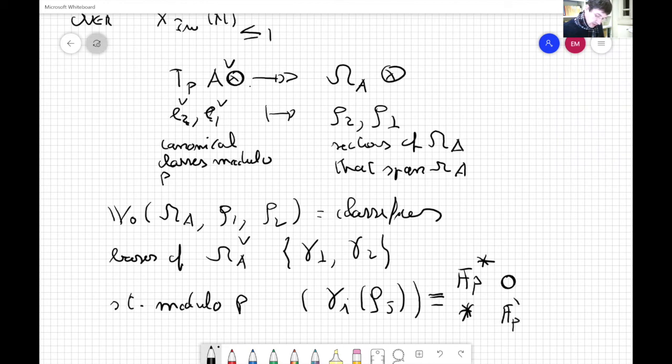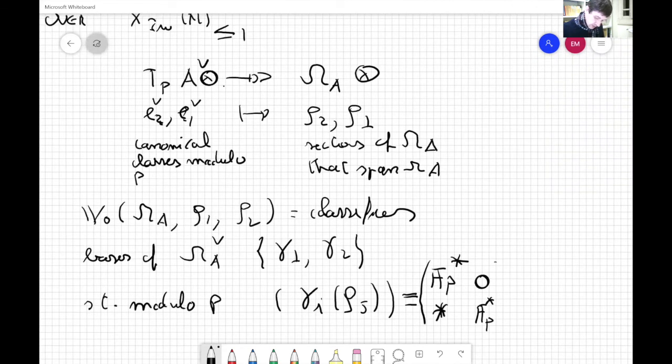And here you see some weird duality that interchanges the Borel to its opposite, okay?